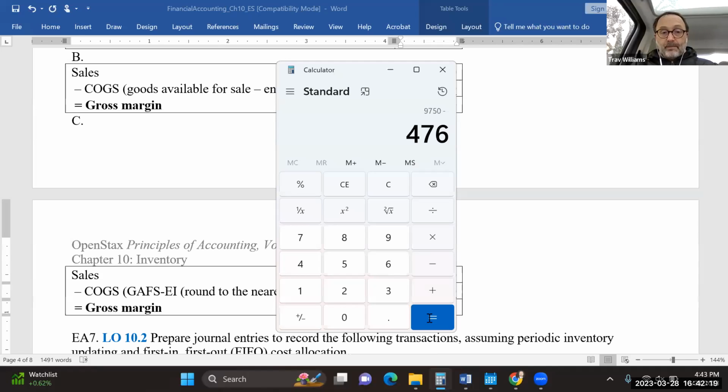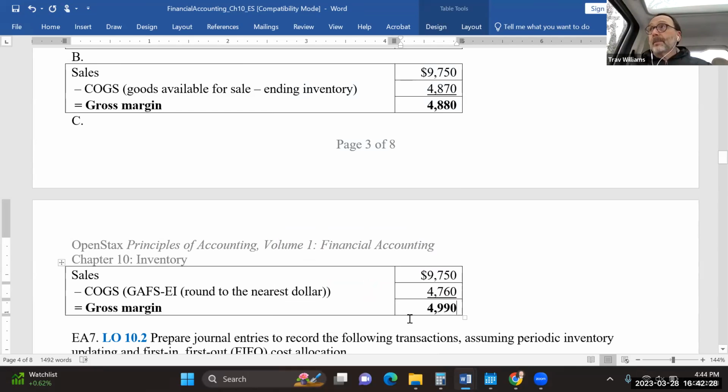Okay. Now, obviously, a company is not going to use all of these approaches. They're going to use either perpetual or periodic, and they're going to use either FIFO, LIFO, weighted average, or specific identification. And they would use that one method for the entire year. In fact, probably for multiple years.